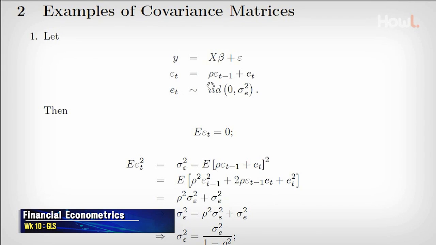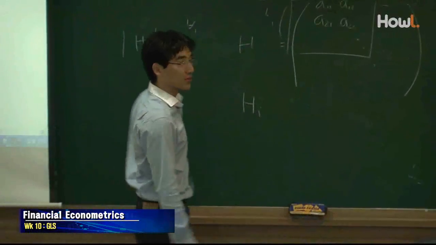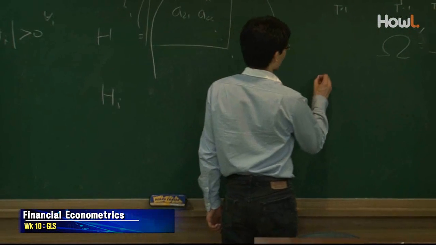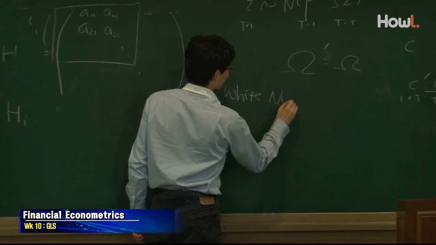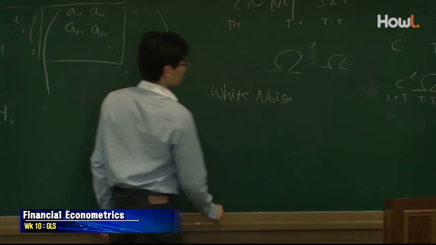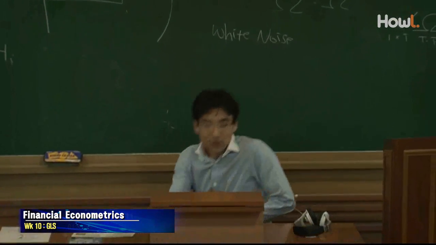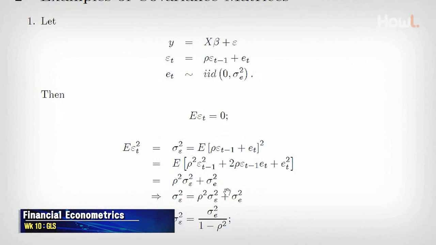This is one of the most basic time series models, also called the autoregressive model, and that part is called white noise. So basically, the variance of epsilon is the ratio between the variance of white noise and 1 minus rho squared.